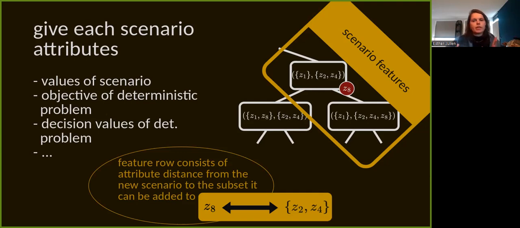So how far away our new scenario is from the subset we want to add it to. So if you would like to add Z8 to Z2, Z4, so then going this direction, then it could be interesting to look at the differences between the attributes. So then we take the mean, for example, of the attributes in the subset it is already in, and then take the distance between the mean and the attributes of the new scenario.